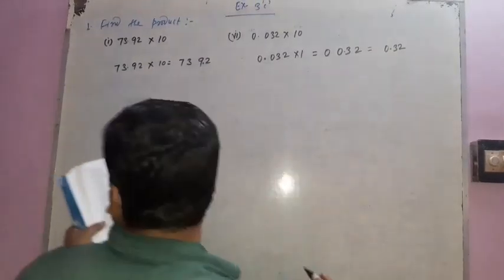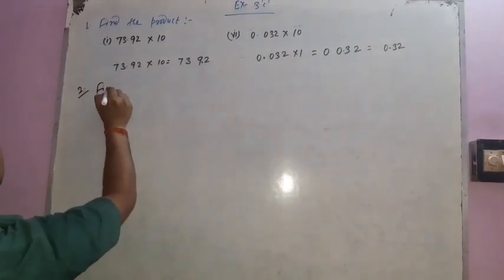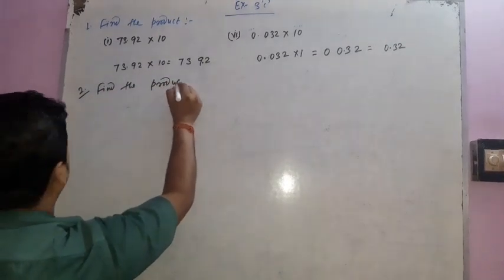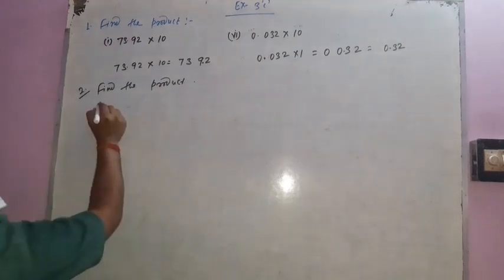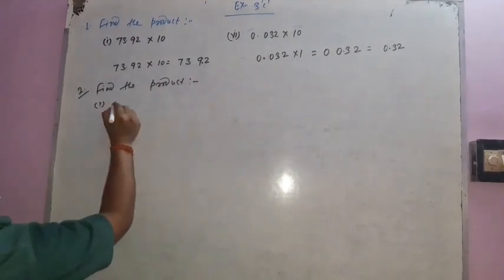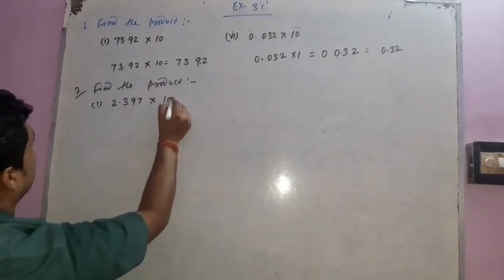In the same way, you have to solve the second question. Here also we have to find the product. The question given is 2.397 into 1000.